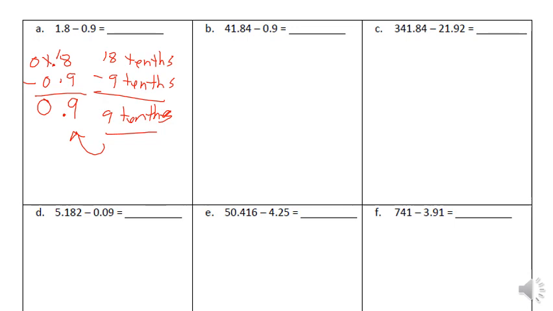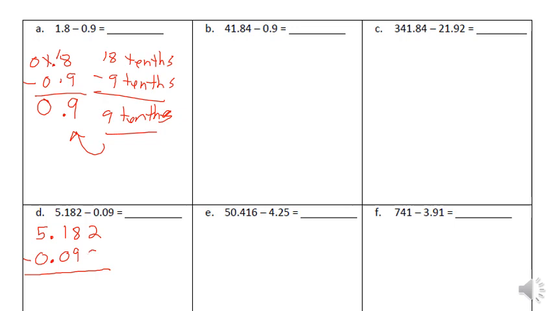Okay. If we're going to C, is that the one I want to do? No, I think I'm going to do D. Here I have 5 and 182, and then I have 0.09. Now, the first thing you're doing when you're adding and subtracting decimals, if you're doing a standard algorithm, is you want to make sure they all have the same amount of digits.